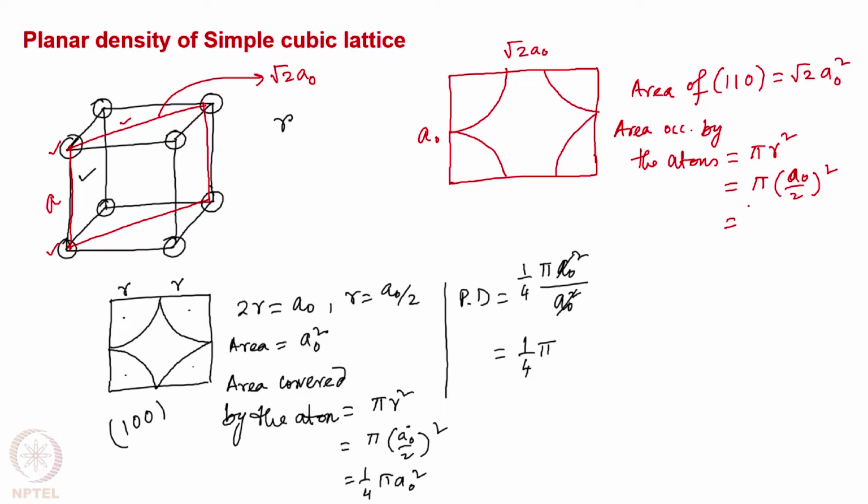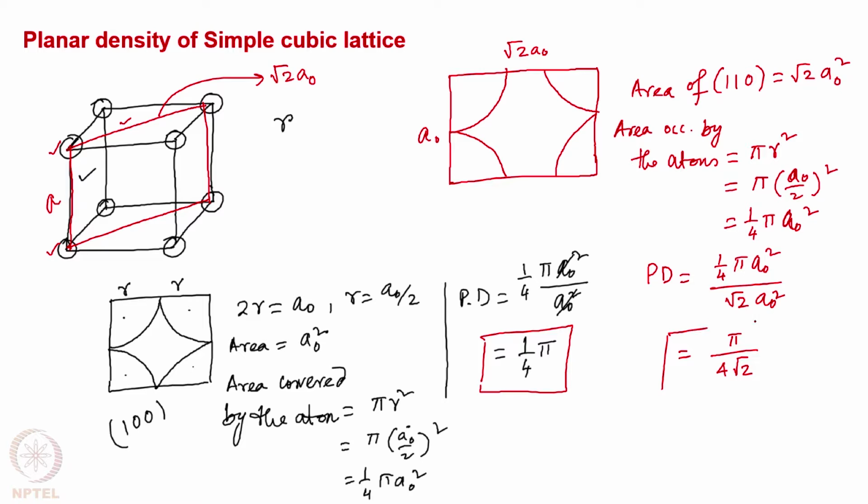So the area occupied is 1/4 pi a0 square, and the corresponding planar density will be 1/4 pi a0 square divided by root 2 a0 square, which means pi by 4 root 2. So now we see that the planar densities of the 1, 0, 0 plane and the 1, 1, 0 plane are different.